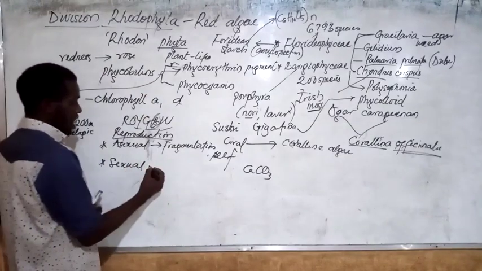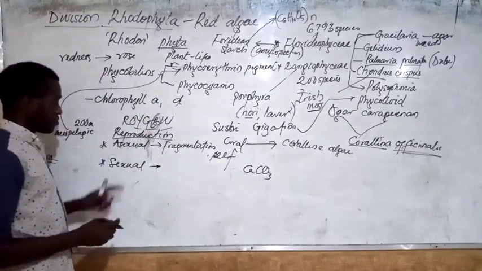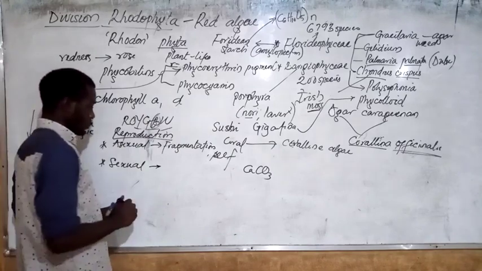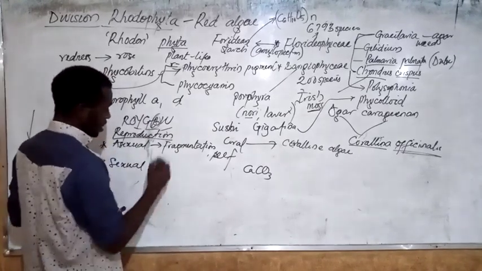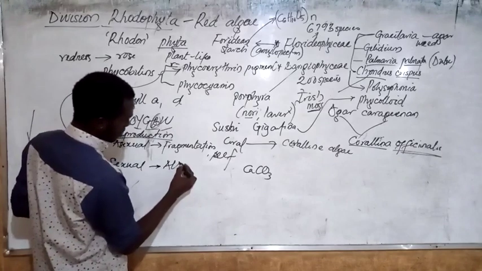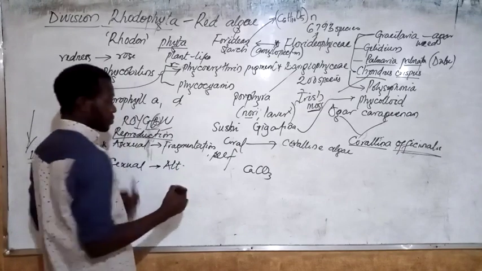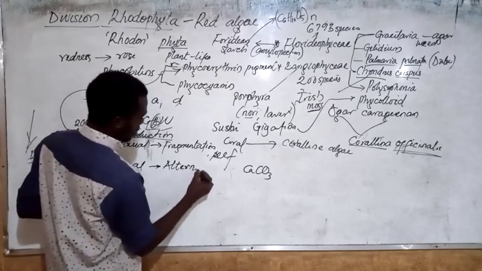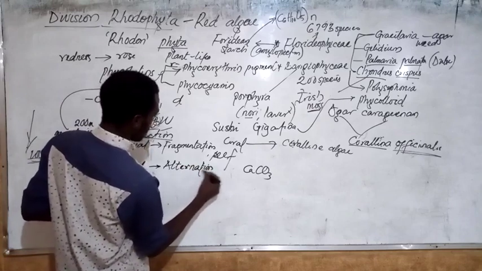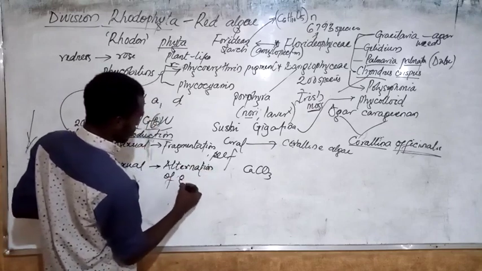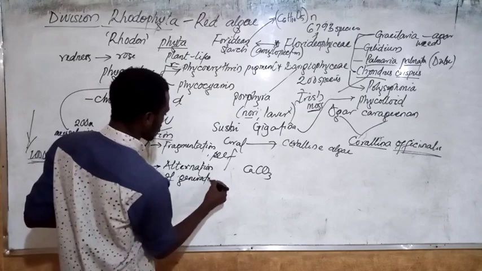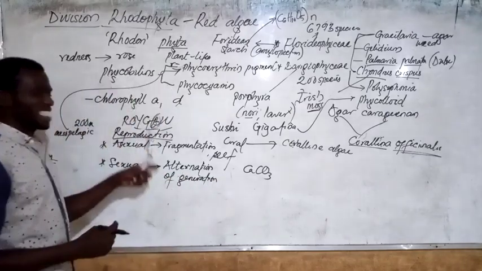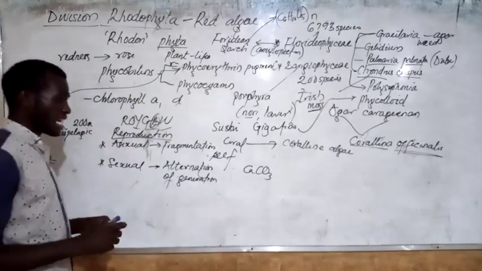Of course, the Rhodophyta are known to exhibit sexual reproduction. Most of them exhibit sexual reproduction, and they exhibit a peculiar pattern known as alternation of generation. Of course, this is not a type of reproduction. It is just in their life cycle. Alternation of generation is their life cycle.